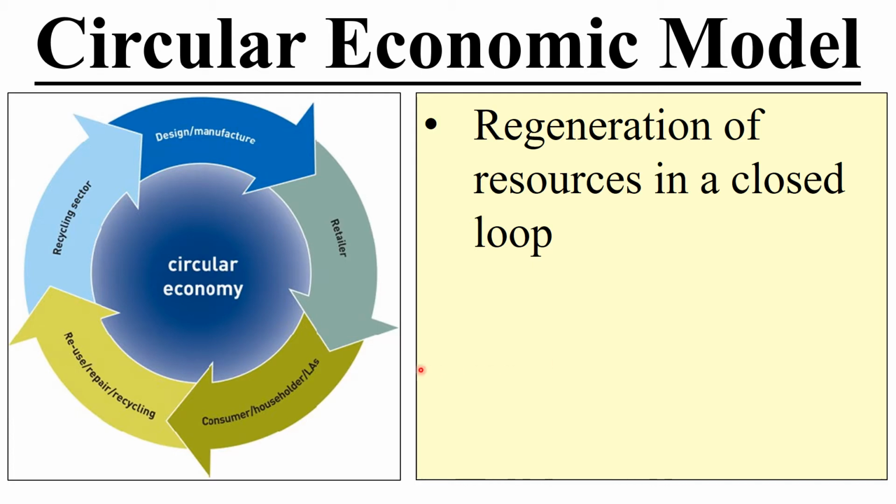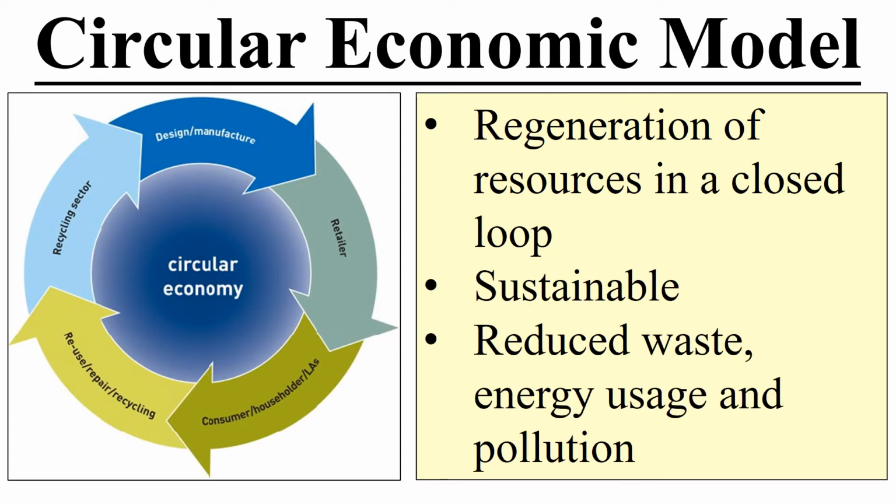So you can see it here as an example. You've got the design and manufacture goes to the retailer, then to the consumer, and then it's recycled, and then this goes back to the design and manufacture. So clearly this is sustainable, and you would have reduced waste, energy usage, and pollution as well.